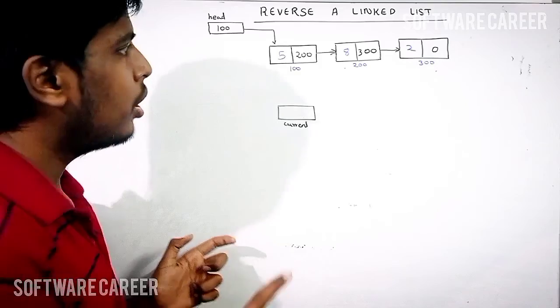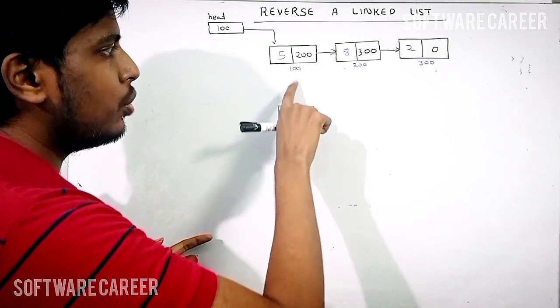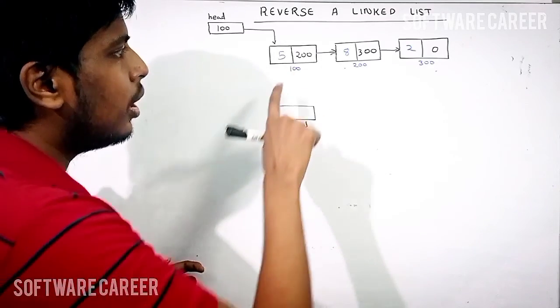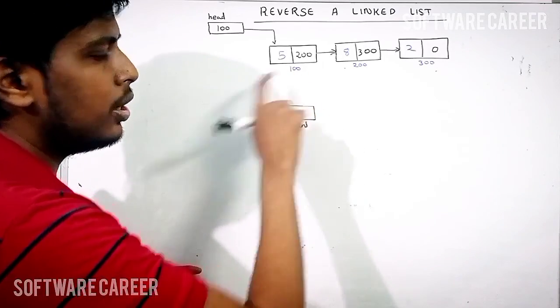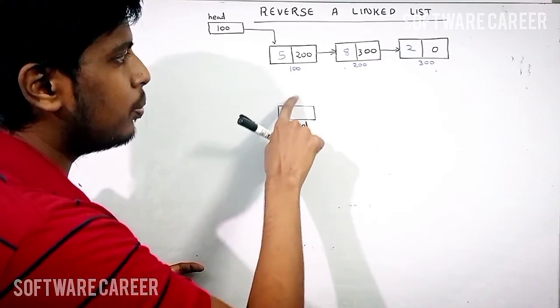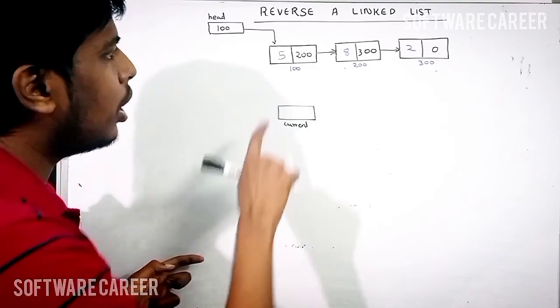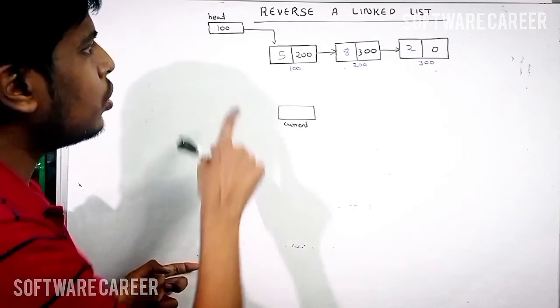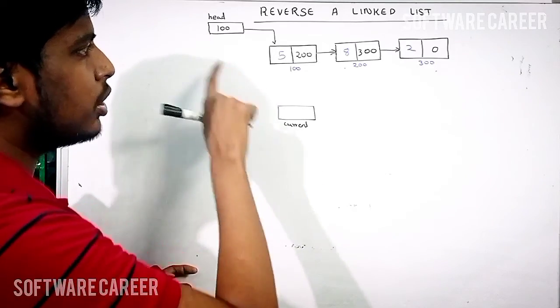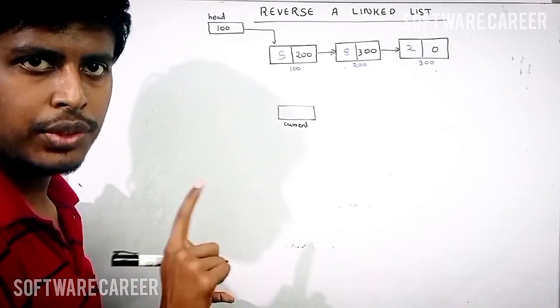If you want it to point to the first node, the address of the first node should be stored here. What is the address of the first node? 100. So 100 should be stored here, then it points to this node. How do we get the address 100? By using head. If you write current equals head, then this pointer will point to the first node.